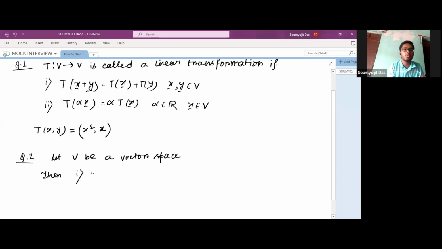Sir, actually, we can also combine the two conditions in one condition. If x vector and y vector belong to V, then we have to check whether alpha x vector plus beta y vector also belongs to the vector space V. If it satisfies that, then it also satisfies the two conditions.